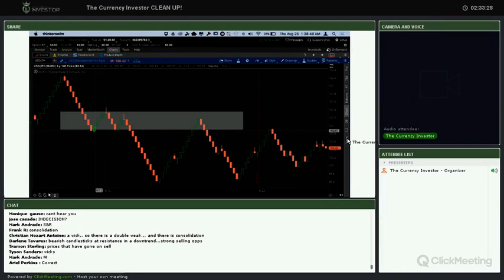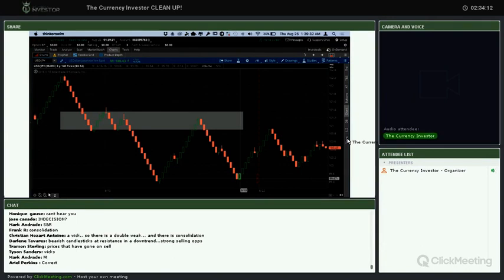When it sends price down to the demand level, you get the bounce and the retrace back in the opposite direction. Orders come back to be fulfilled, it goes back down, and the value starts to drop more and more. So if I understand where I am in the market, half the battle is won.